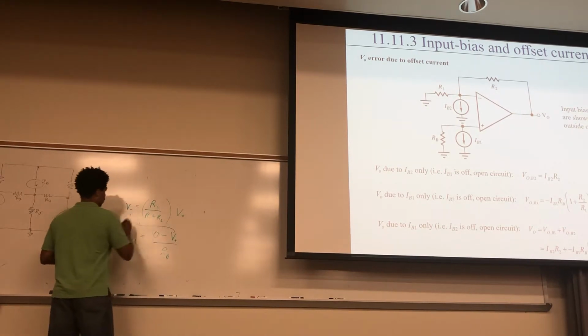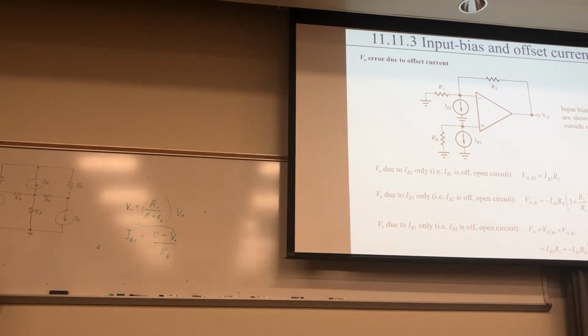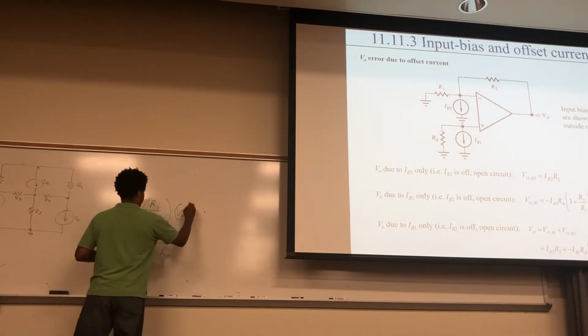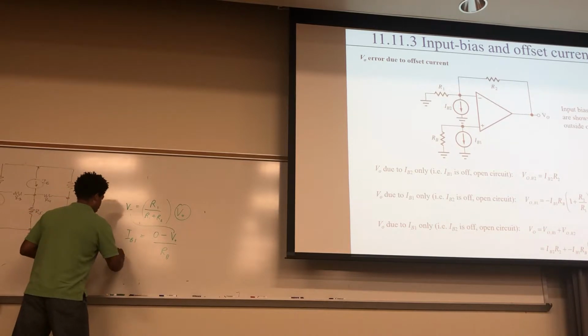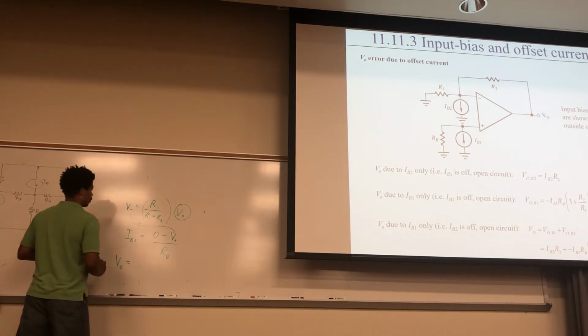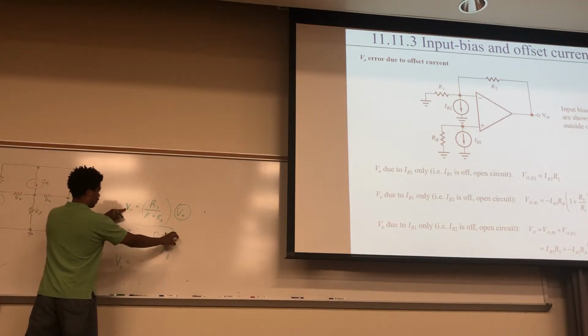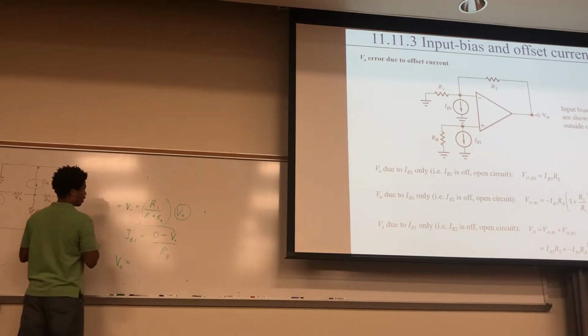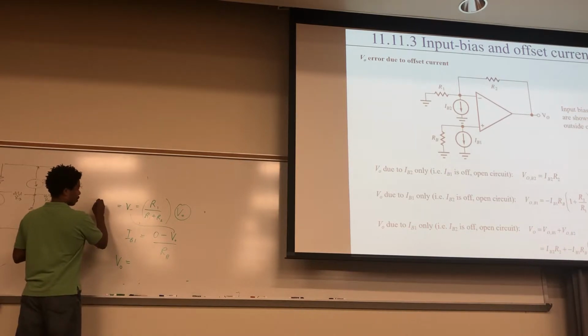And if we assume that these two things are equal, then we solve for V out. If these two things are the same, let me write this over here. So this is going to be negative IB1 times RB.